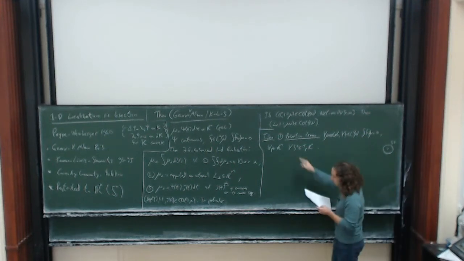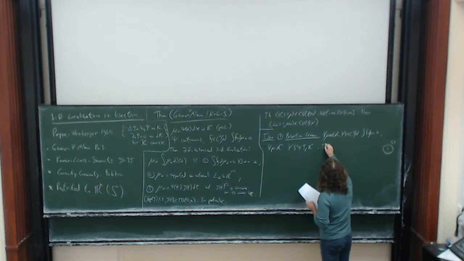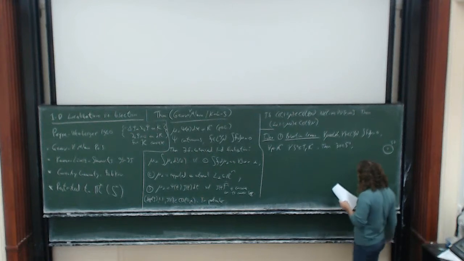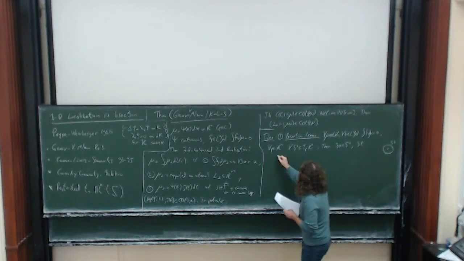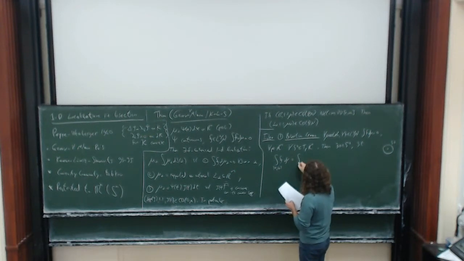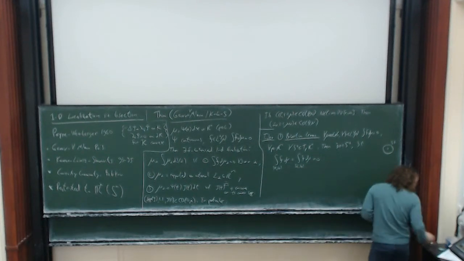Then for any S1 that you can draw, there exists a point, and this is S1, so that H plus theta is equal to H minus theta is equal to 0, where what are H plus and H minus?